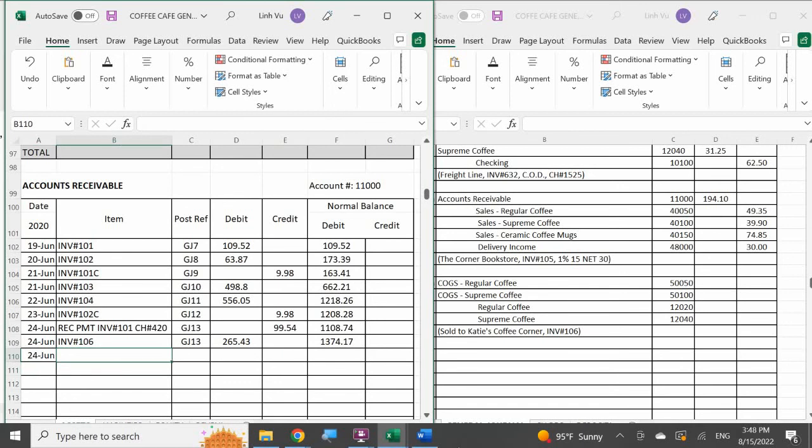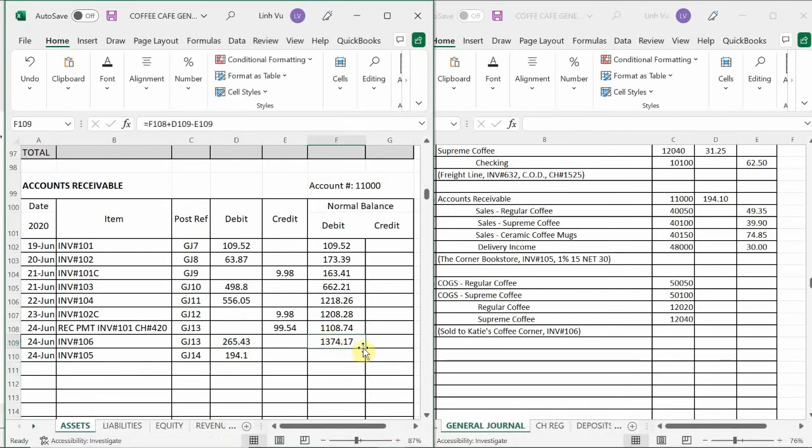Account receivable, invoice number 105, page 14. Amount is 194.10. So now grand total is $1,568.27. 1568.27.